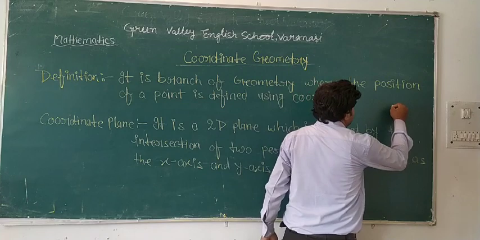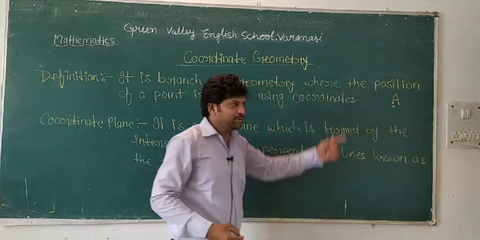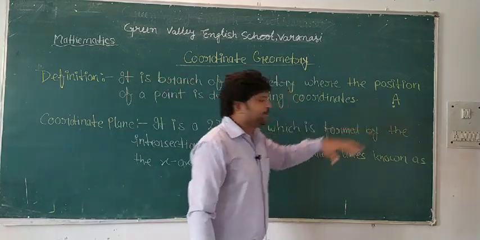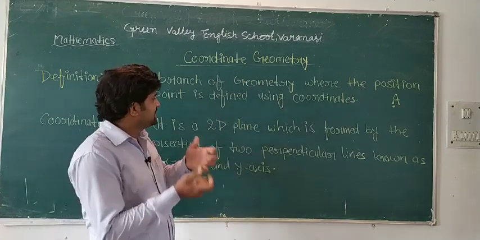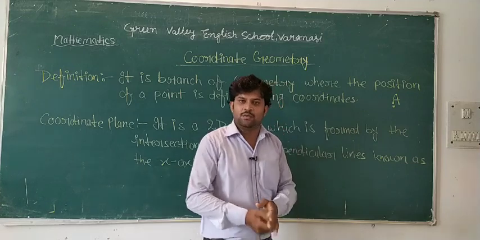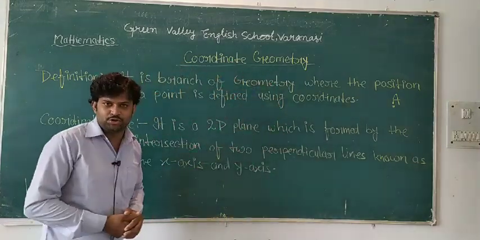Suppose this one is a point, the name of that point is A, but what is the exact position of that point? It means the exact position of point A from the x axis and y axis. This is the definition of coordinate geometry.